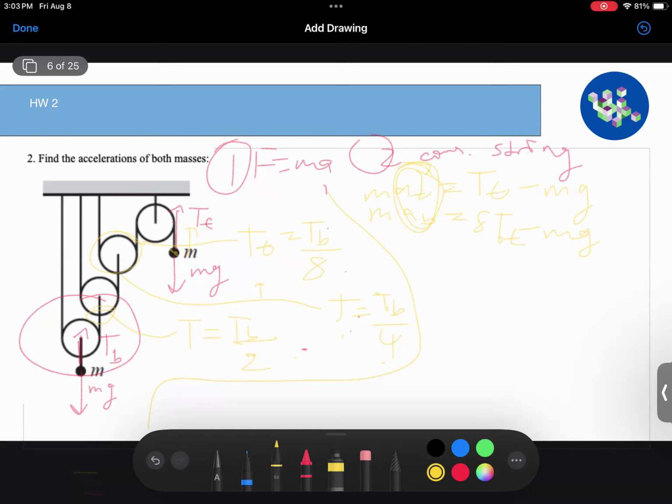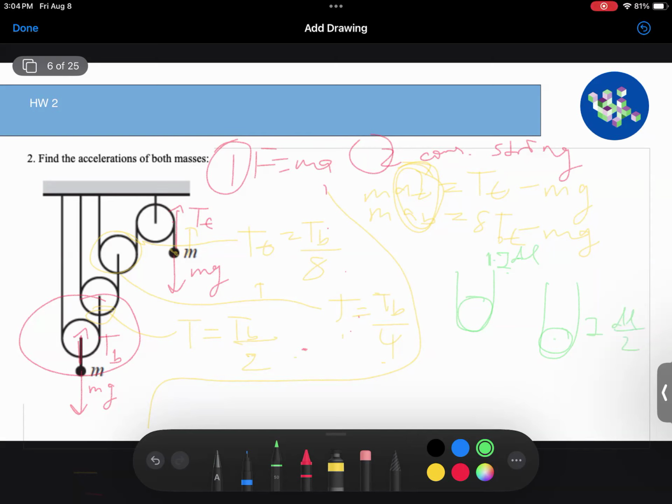Well, if I have this wheel over here, and I add a small length of string to this side, let's say this is DL, then the pulley wheel goes down by DL over 2 because the string is on 2 sides of the pulley wheel.